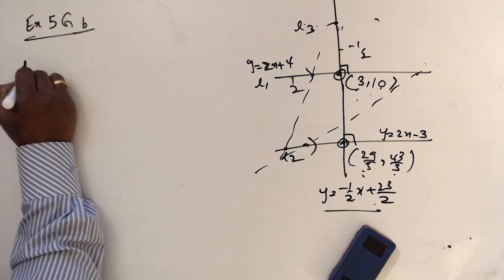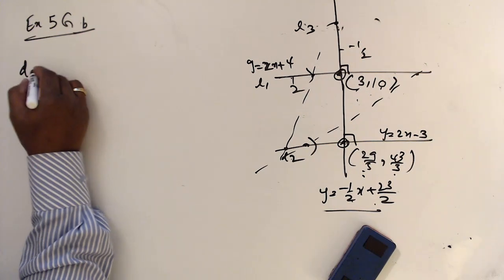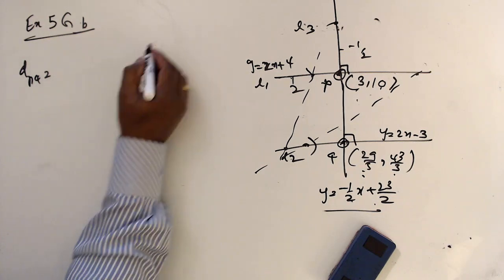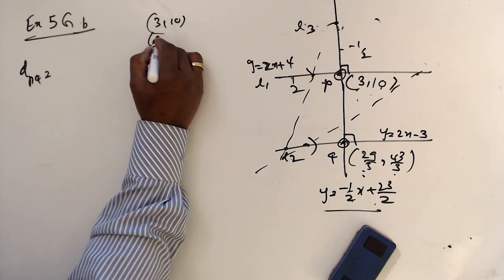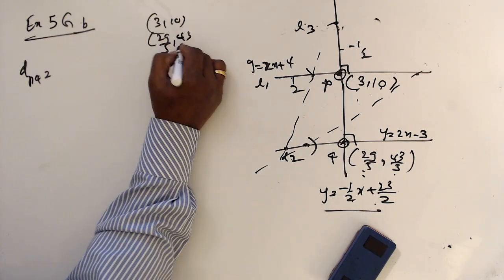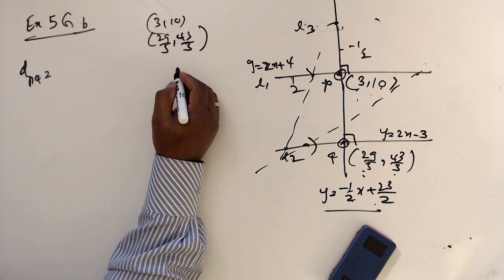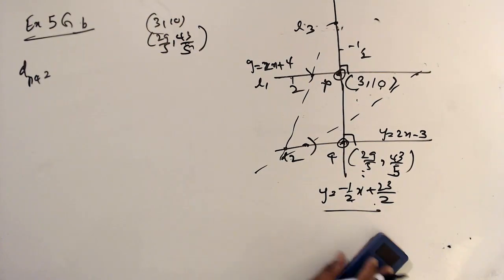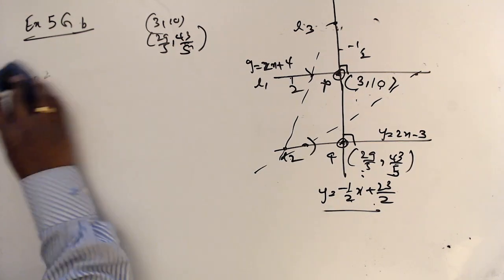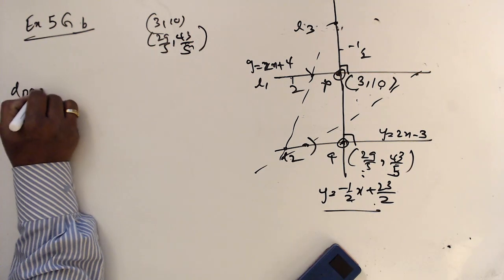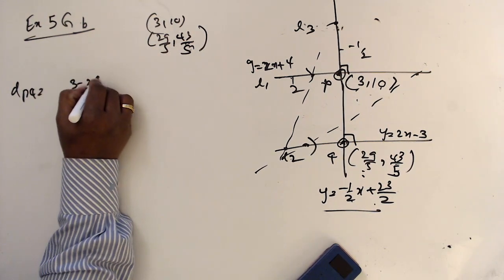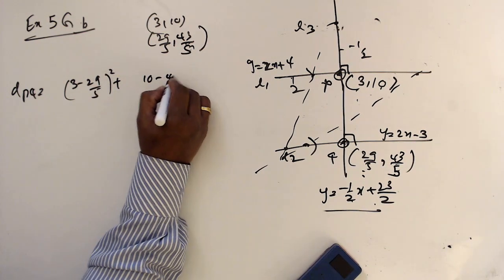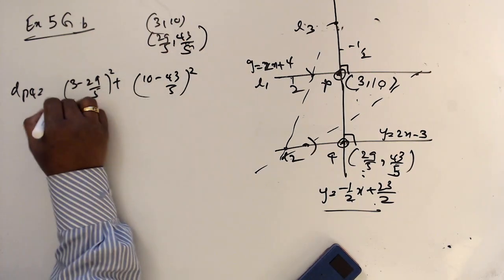Now D, I'll call it PQ. PQ equal, what are the points? 3, 10 and 29 over 5, 43 over 5. So dPQ equal square root of 3 minus 29 over 5 squared plus 10 minus 43 over 5 squared.